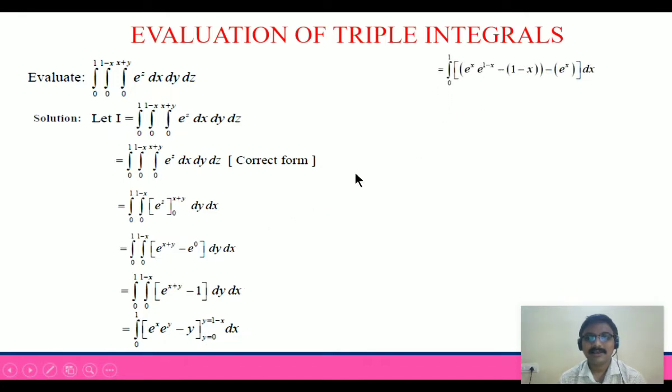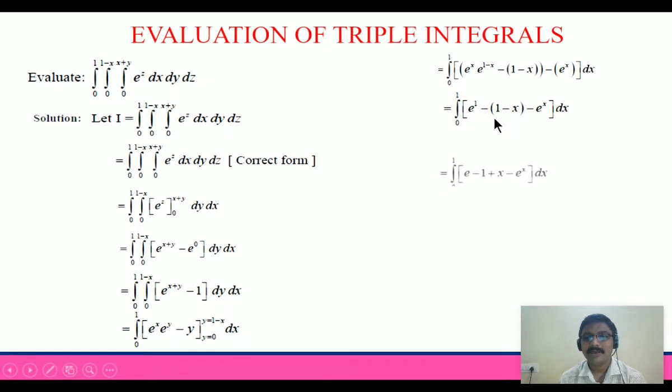So in place of y it is substituted because these limits 0 to 1 minus x are the limits related to y. We have to replace only in place of y. Now clearly the triple integration sum now becomes single integration. Now we have to integrate with respect to x. Before that we have to simplify the expression.